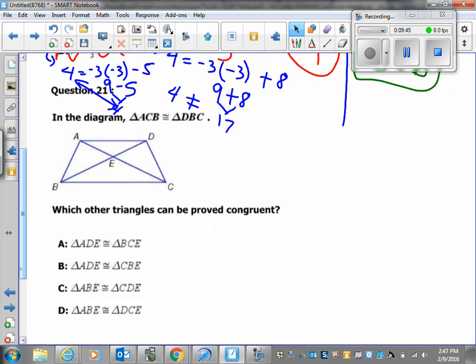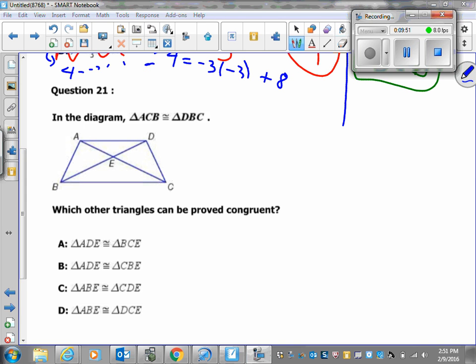All right, number 21. This one is tricky. In this number 21, ACB is congruent to DBC. Knowing that, I know AC, which is this line, is congruent to BD, or DB, this line, and CB is congruent to itself. That's common for both.